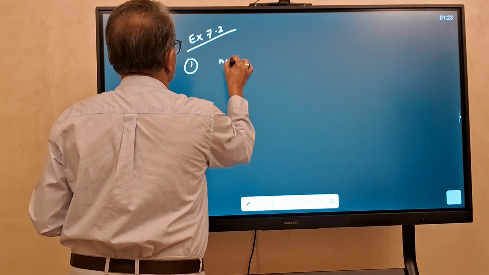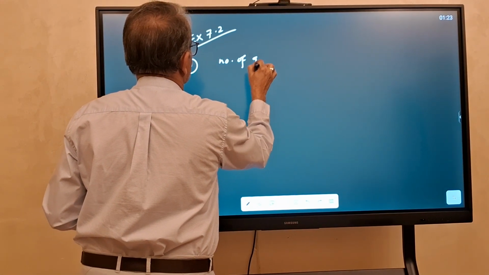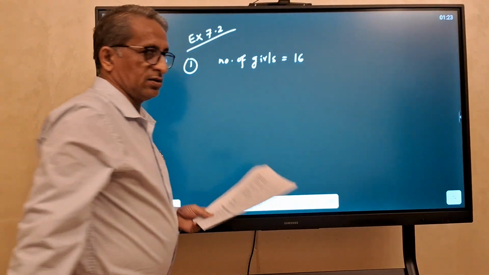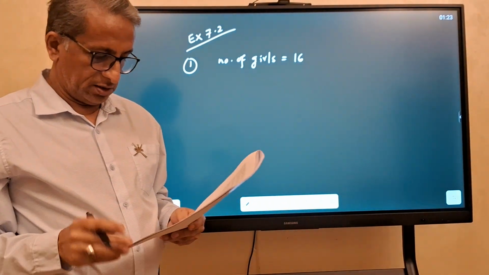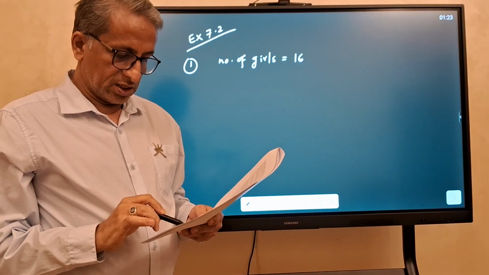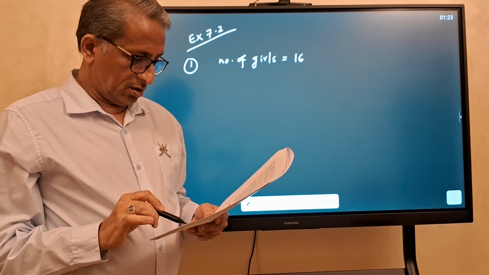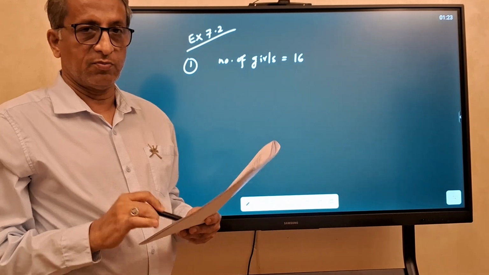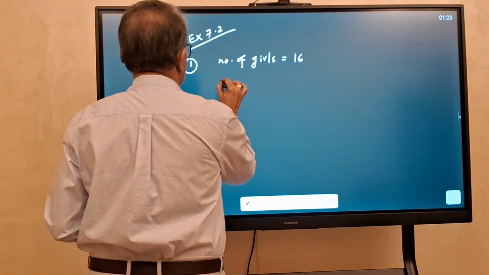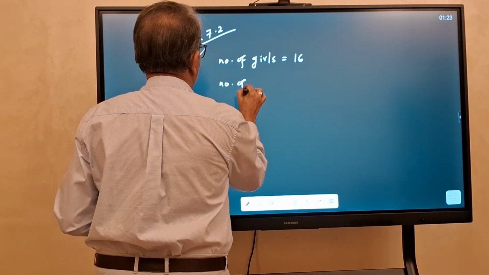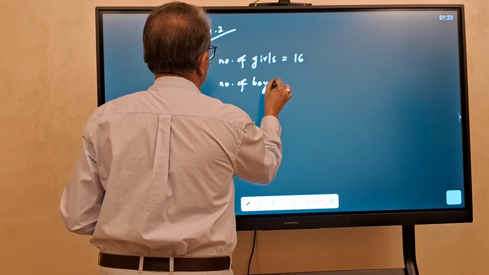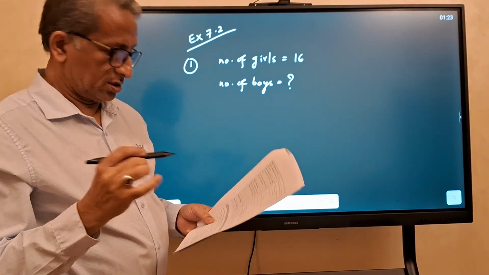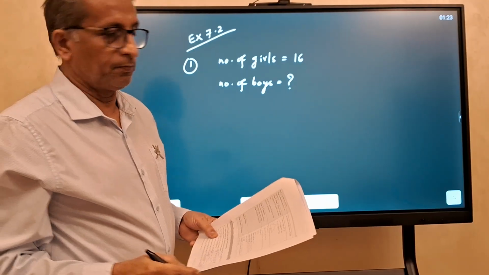That means the number of girls is 16. Next, the number of girls is 4 more than twice the number of boys. Then find the number of boys. So you are asked to find the number of boys in this school club.